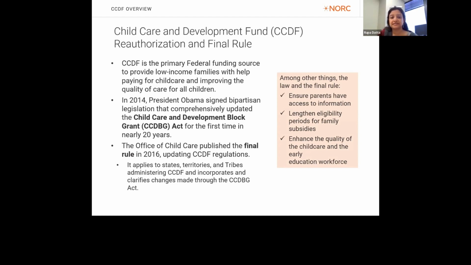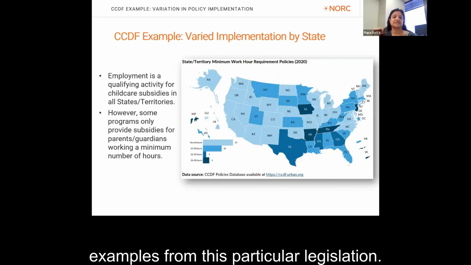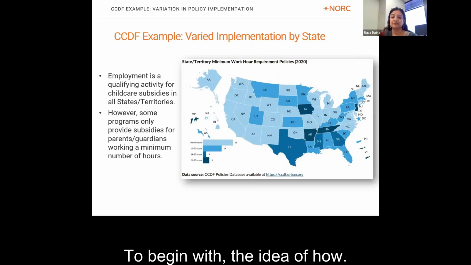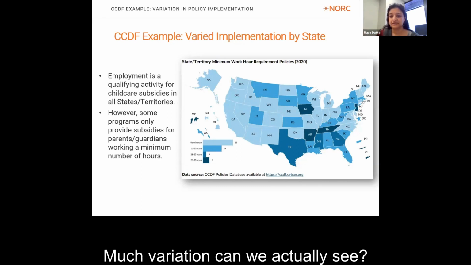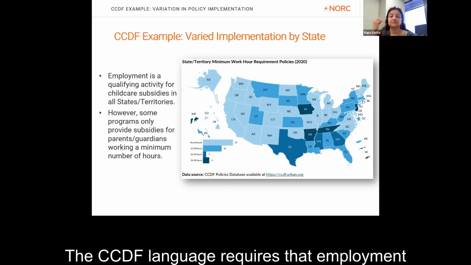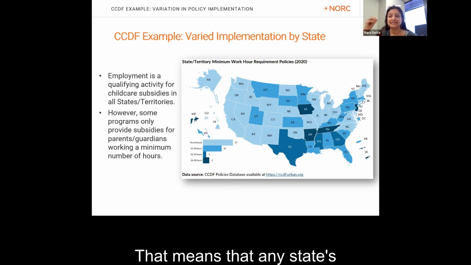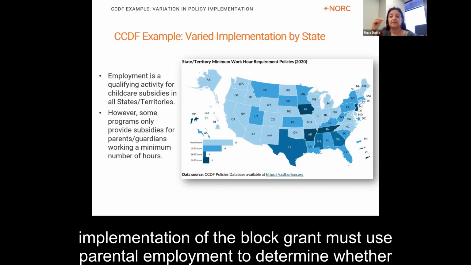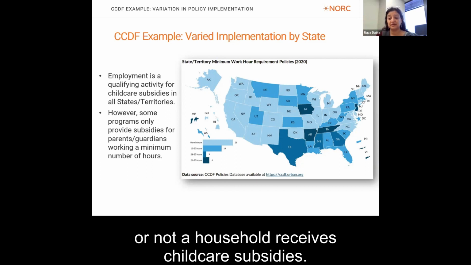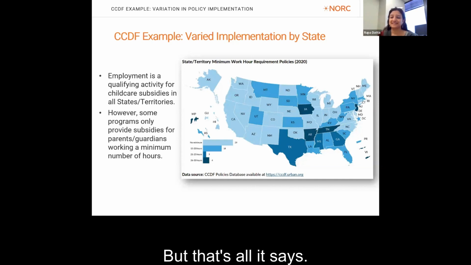So I'm going to draw a few examples from this particular legislation. To begin with the idea of, well, how much variation can we actually see? The CCDF language requires that employment be a qualifying activity for childcare subsidies in all states and territories. That means that any state's implementation of the block grant must use parental employment to determine whether or not a household receives childcare subsidies. But that's all it says.